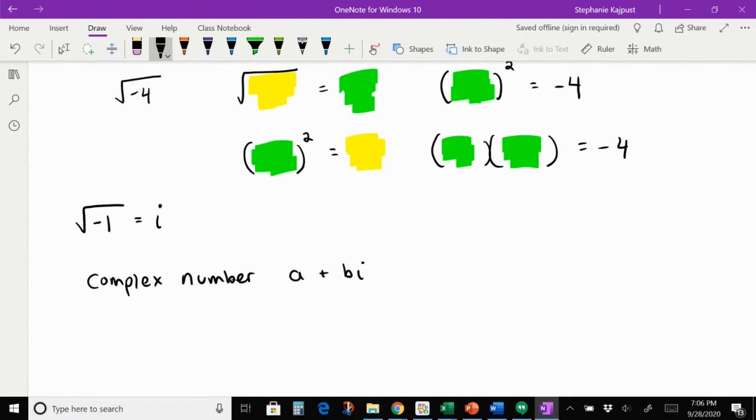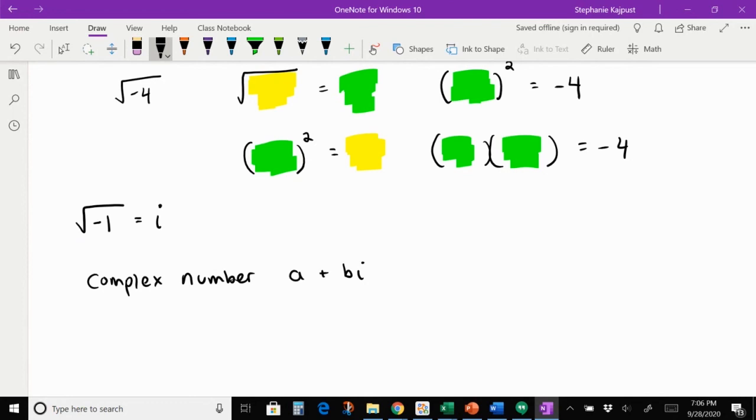Technically, everything is considered a complex number, because our regular numbers are complex numbers with a 0 imaginary part. It's called complex just because it's got these two different parts. Some people might say, oh, it's complicated, hence complex. However you want to look at it, a complex number has both a real part and an imaginary part.